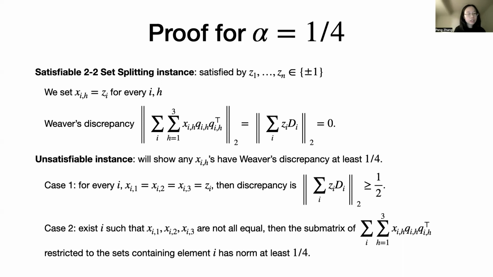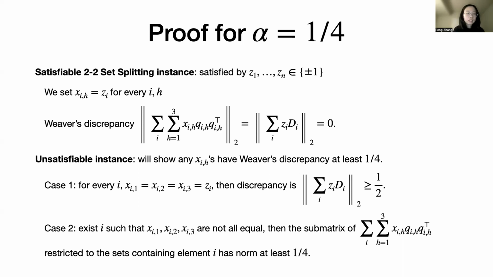In the first case, for every i, the 3 signs x_i1, x_i2, x_i3 are all equal, and we assume that they all equal some number z_i. Then the discrepancy is the spectral norm of the sum of z_i D_i, which is greater than 1/2.